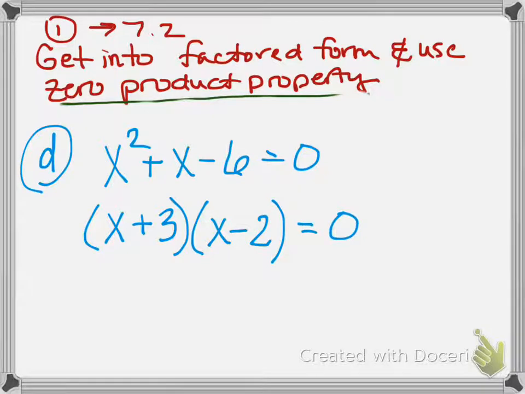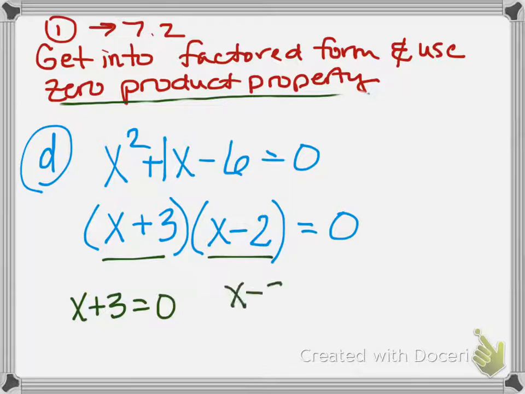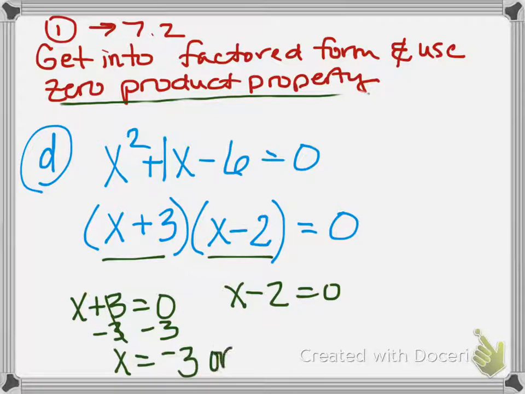So 3 times negative 2 is negative 6, and 3 plus negative 2 is the positive 1 that I was looking for. Now that I'm in factored form, again, I have two terms being multiplied, so either x plus 3 equals 0 or x minus 2 equals 0. When I solve, minus 3, so x could equal negative 3, or when I add 2 here, x would equal positive 2.